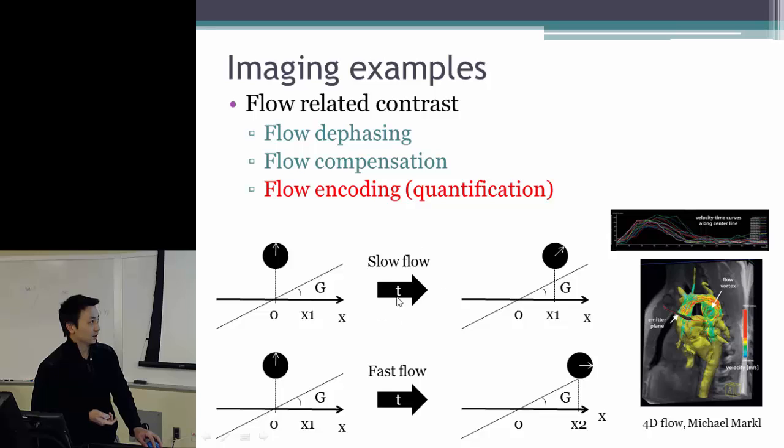It gives you the flow information for arbitrary directions. This is the 4D flow method developed by Michael Markl, and they have been able to show the blood flow and the flow vortex within the heart. This is the very latest development of the flow quantification methods.